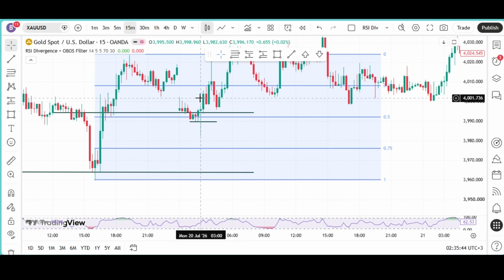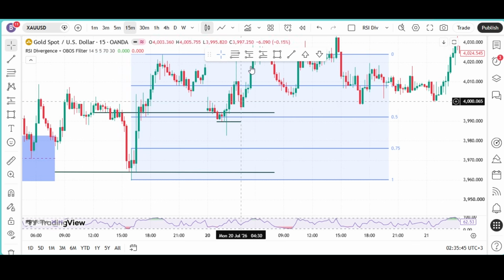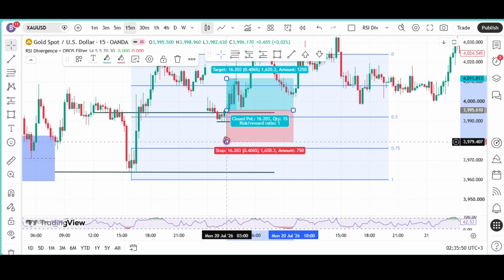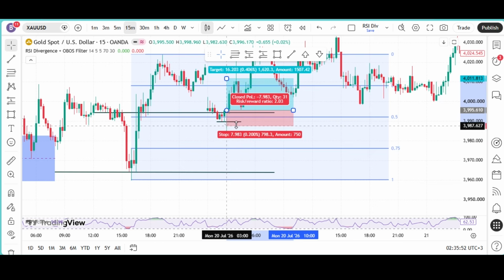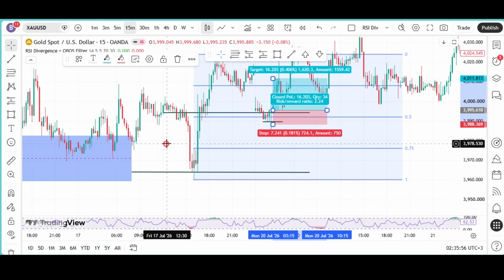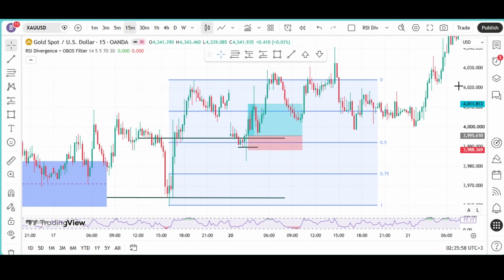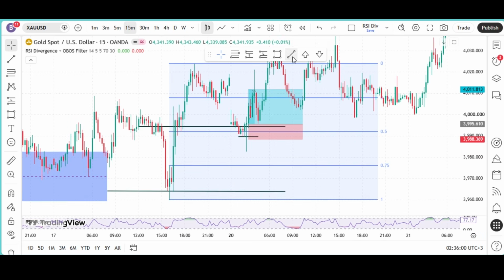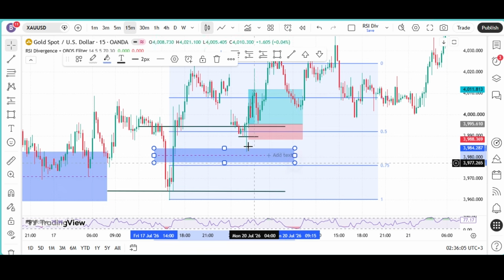The moment it closes, you want to get into a buy around that level. Stop loss can be below this level, or below the previous candles that were manipulated like that. And the thing you need to notice is that price manipulates that low and taps into an inverted fair value gap right here.